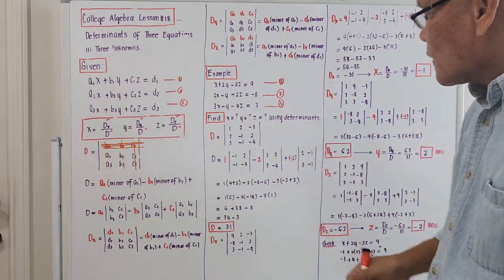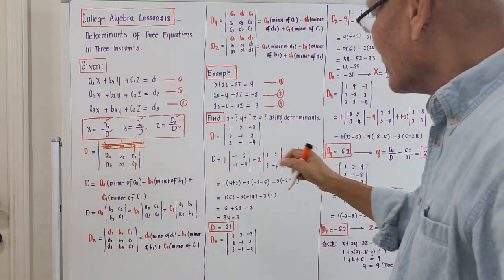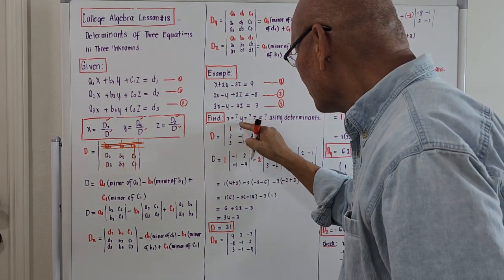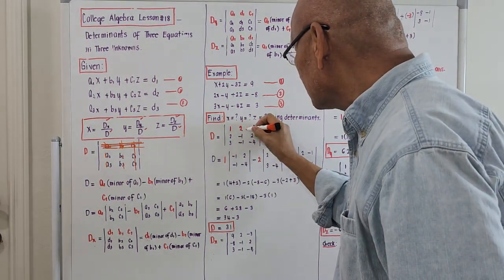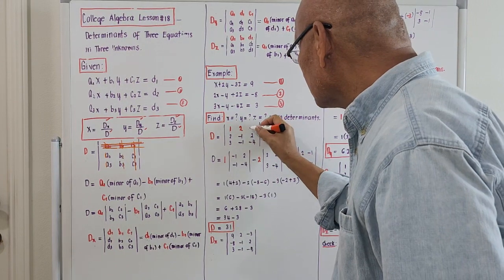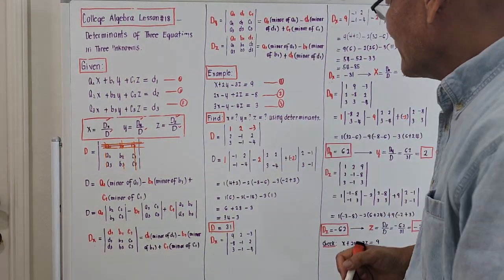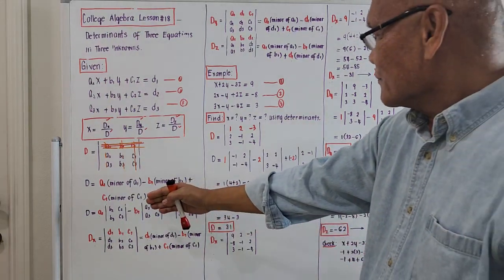To evaluate this one, we will start with the minors. We will start with 1, 2, 3, the one at the top. To simplify this, we use this concept here.